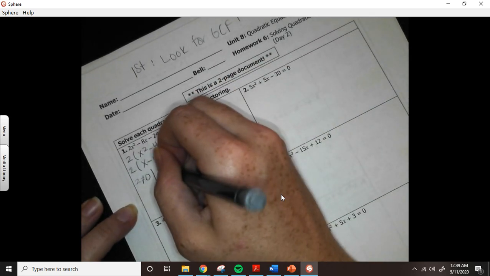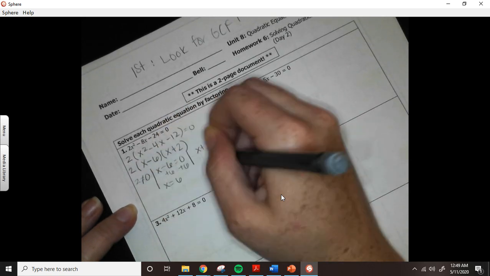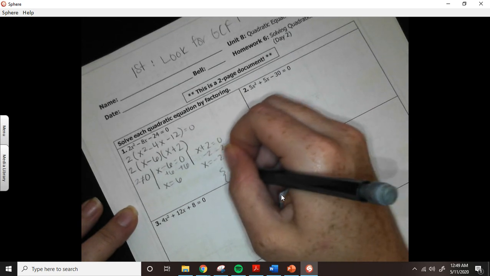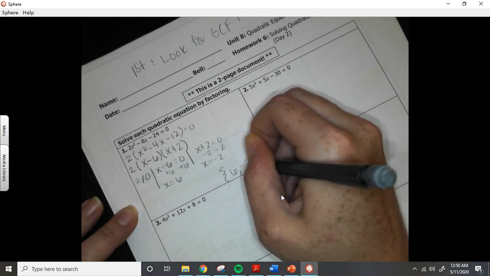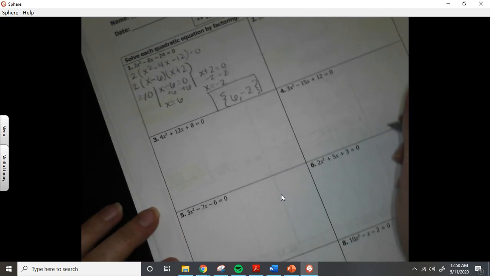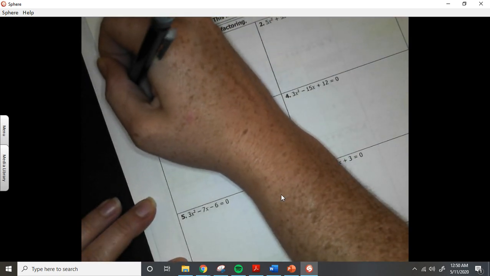Add 6, and the answers are 6 and negative 2. This was just a GCF one.